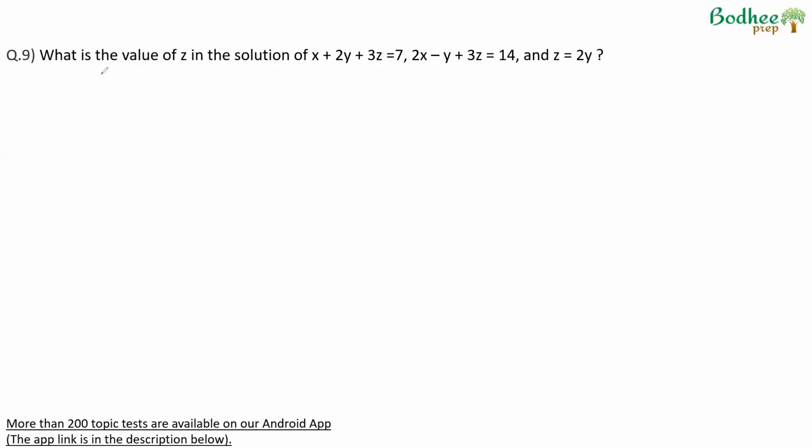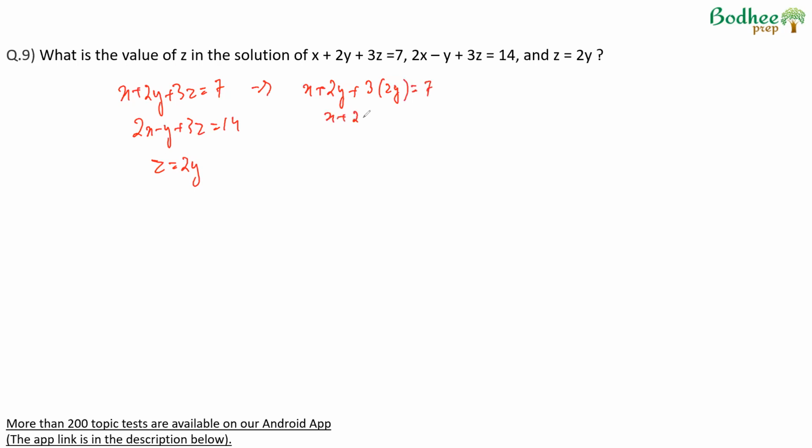What is the value of z in the solution of x plus 2y plus 3z is 7, 2x minus y plus 3z is 14, and z is equal to 2y. Substituting z, here we get x plus 2y plus 3 into 2y is 7, which means x plus 2y plus 6y is 7, which means x plus 8y is 7.